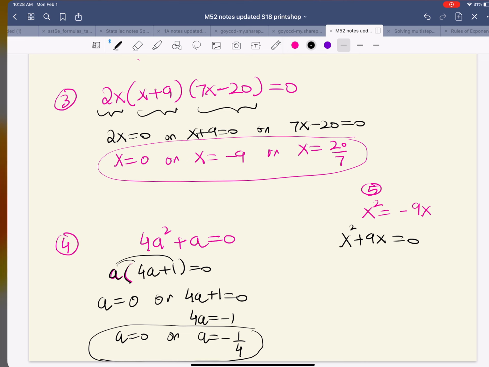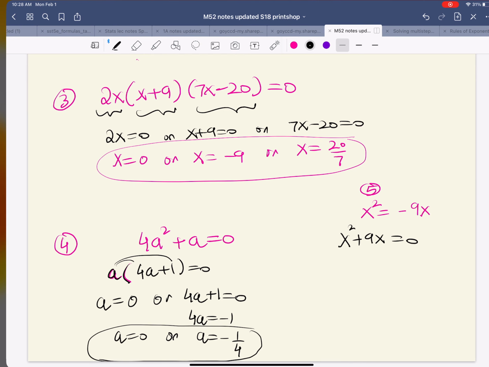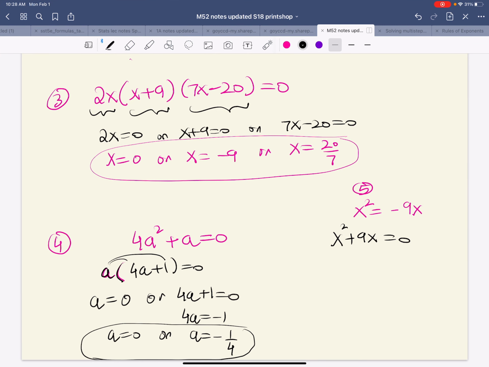One has a variable x squared, the other one has an x. Now let's see, it's not in the factored form. I'm going to try to factor it. How do I factor this equation? I'll be pulling out the GCF. Is there a GCF in here? Looks like x is the GCF. So inside the parentheses, I'm left with x plus 9 when I pull out the GCF from the left-hand side of the equation.